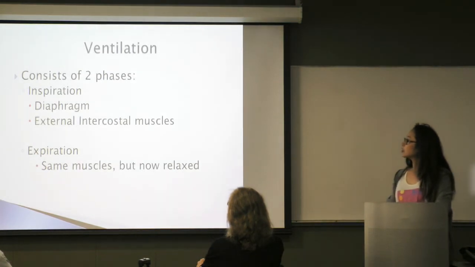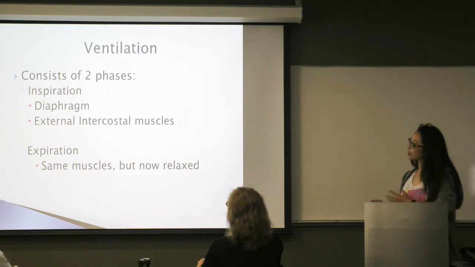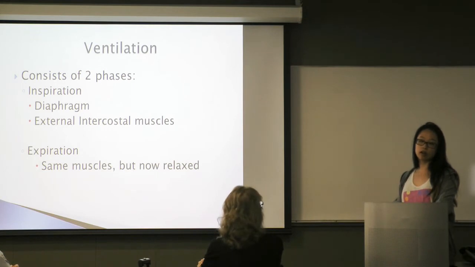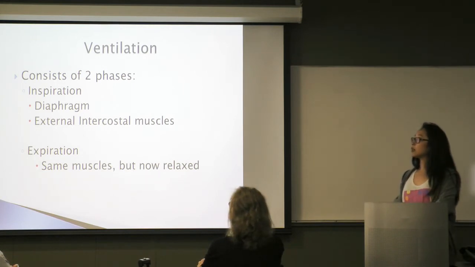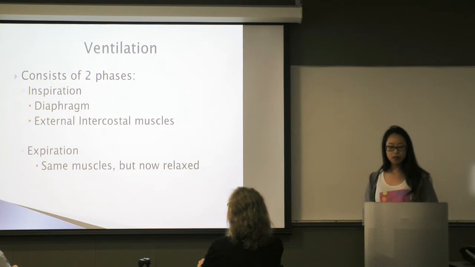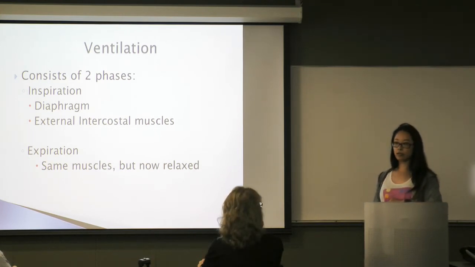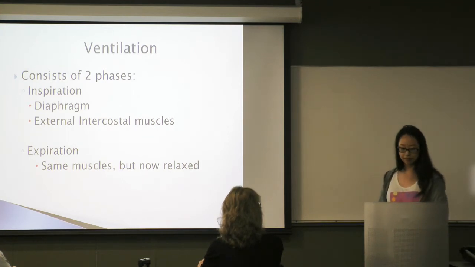Okay, ventilation, just breathing. As you know, inspiration, expiration, inhaling and exhaling. So the muscles that are involved for inhaling and exhaling are the same. It's just that in inspiration, the muscles are contracted, and then in expiration, they're just relaxed. So the diaphragm is first dome shaped when it's relaxed, and then when we inhale, it contracts, and then it flattens downwards.